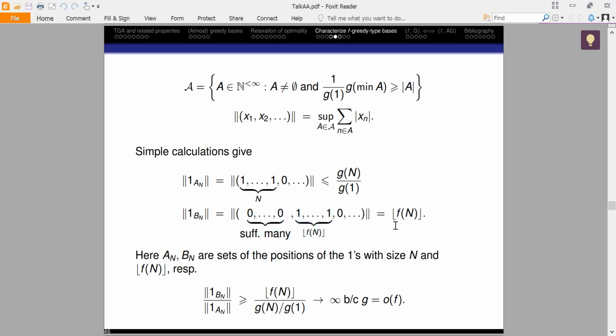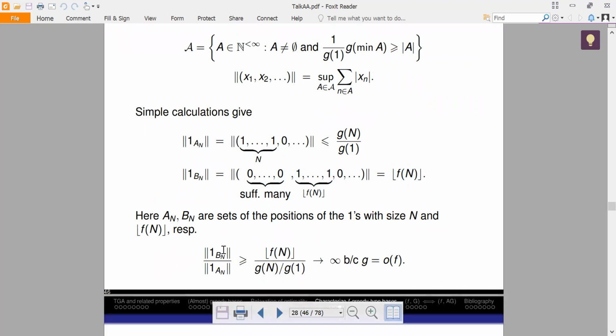Then the norm is f(n). But if you look at the ratio of 1_{B_n} over 1_{A_n}, it is approaching infinity. Because g over f is going to 0. So that's why f over g is going to infinity.